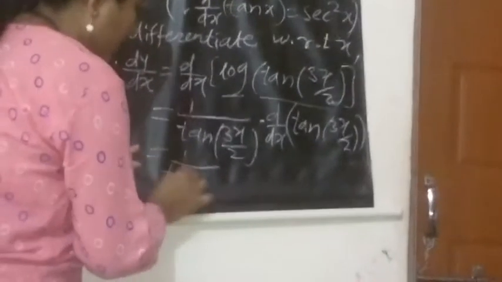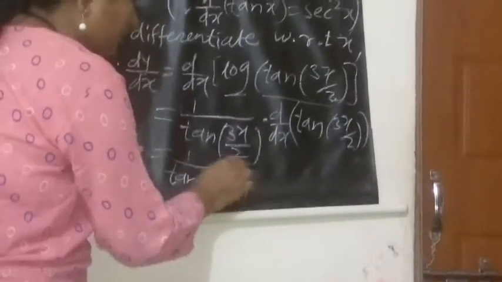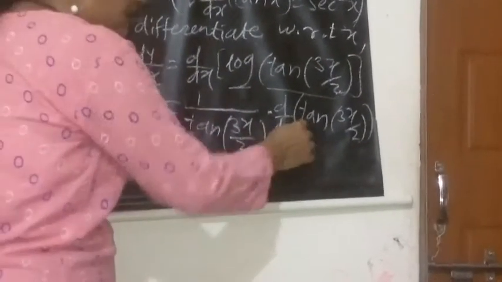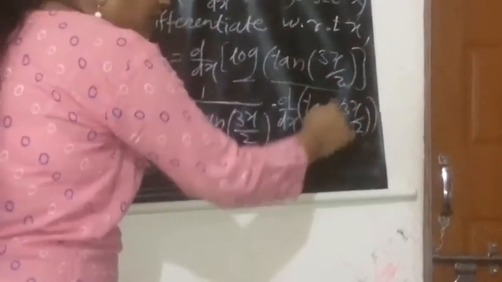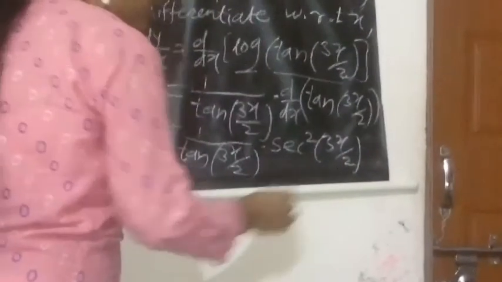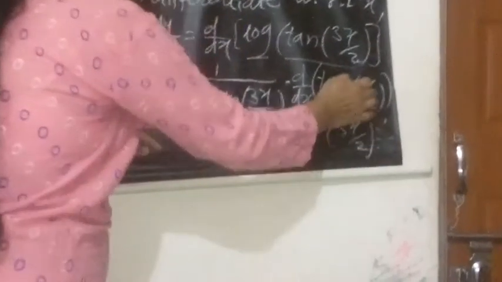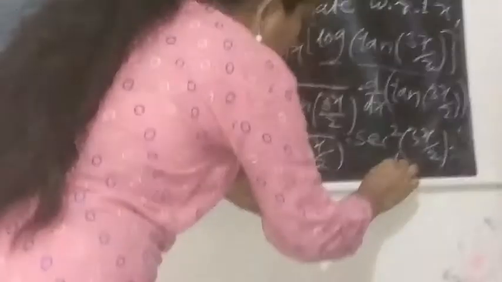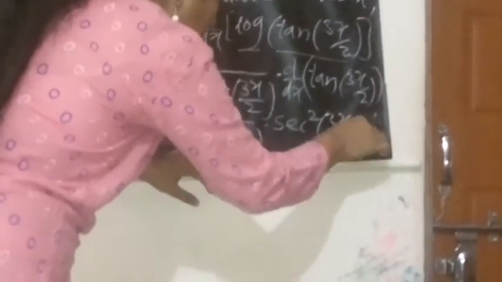Therefore 1 upon tan 3x upon 2, derivative of this term is sec square, in the place of x we write 3x upon 2, and again we have to take the derivative of this term 3x upon 2, into d by dx of 3x upon 2.